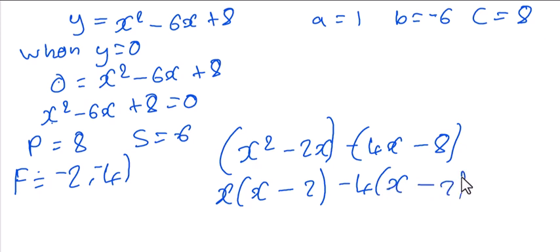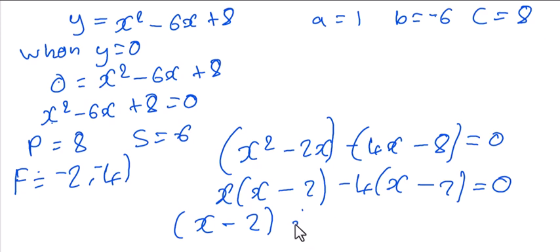So we equate this to 0. We have x minus 2 equals 0 and x minus 4 equals 0.